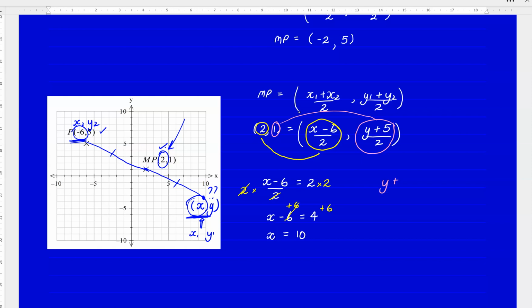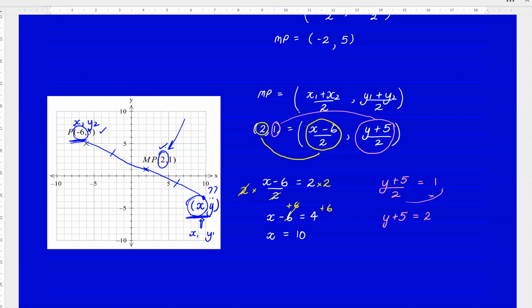We say y plus 5 all over 2 must equal the 1. And again, what you need to do is get to your y value. So how do I get rid of this divide by 2? Because if I read it, y plus 5 divided by 2, how do I get rid of a divide by 2? I times by 2. So we times up the other side, right? 1 times 2 is 2.